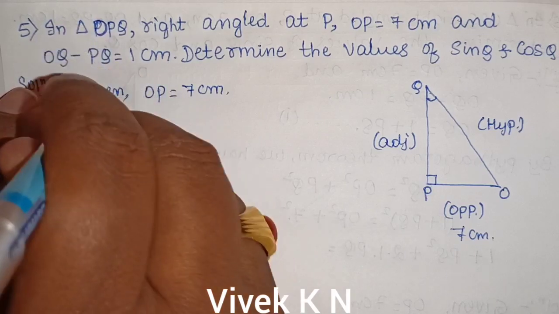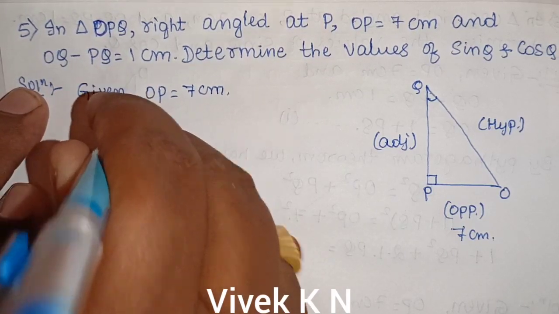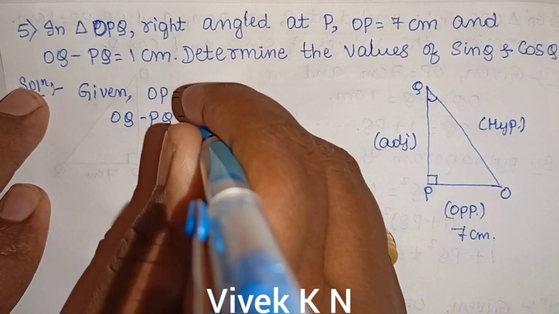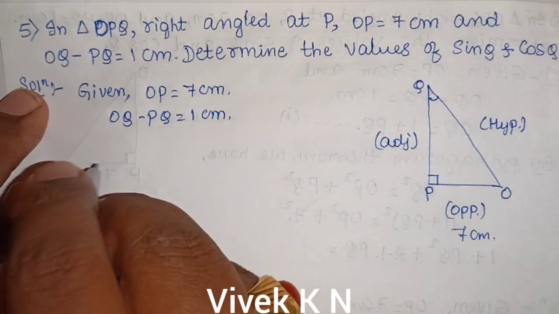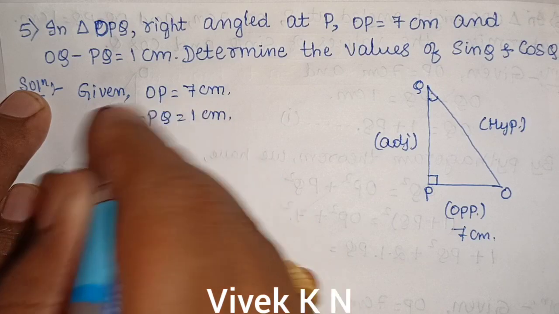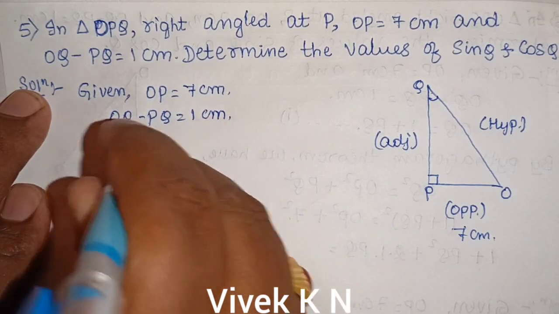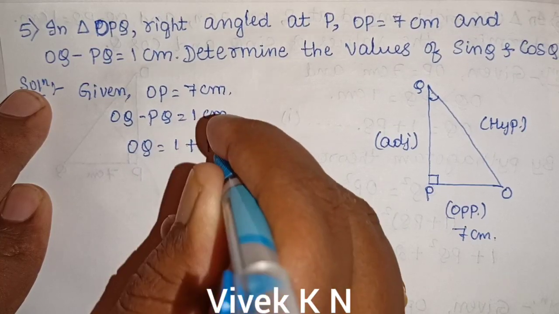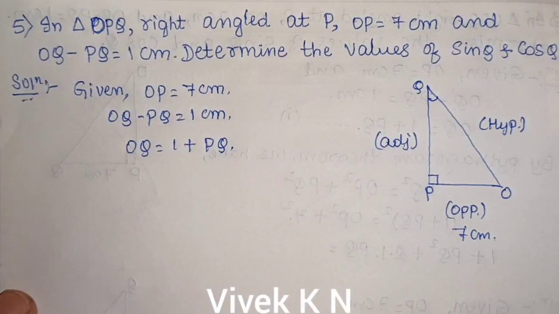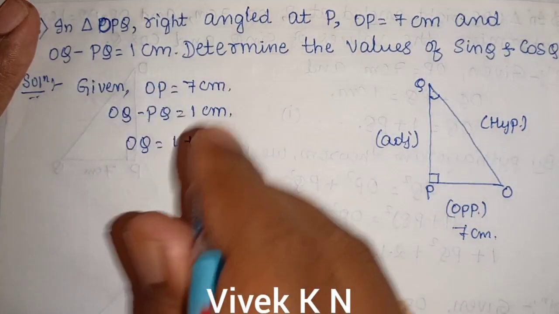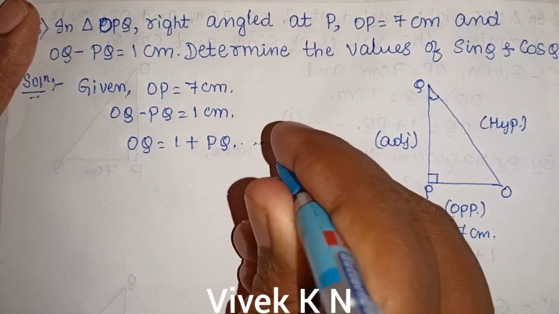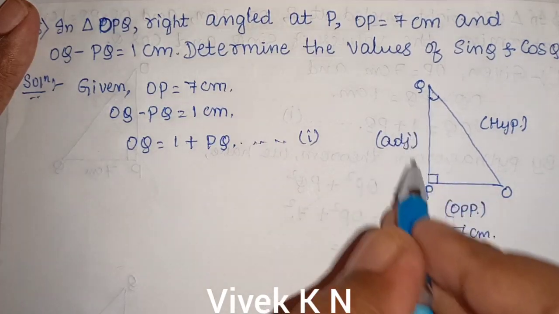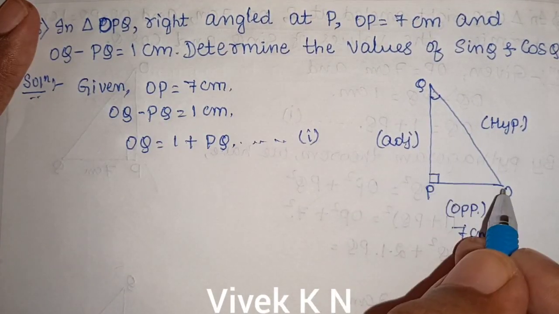And another data is OQ minus PQ is equal to 1 centimeter. For our convenience, we can rewrite this as OQ is equal to 1 plus PQ. This is equation 1. Now let us apply the Pythagoras theorem to this triangle OPQ.